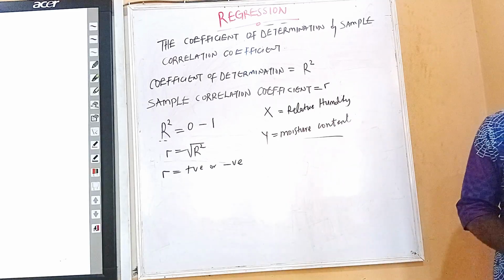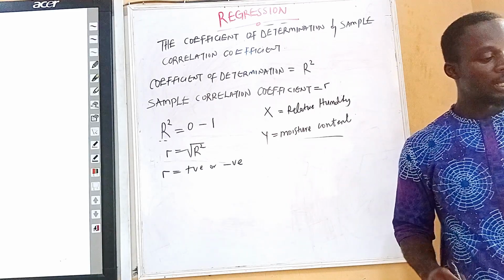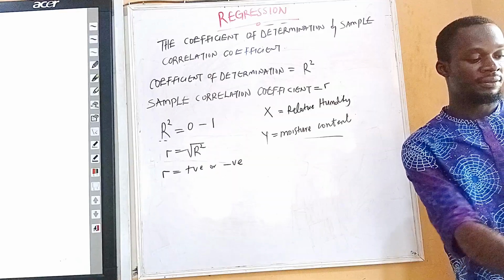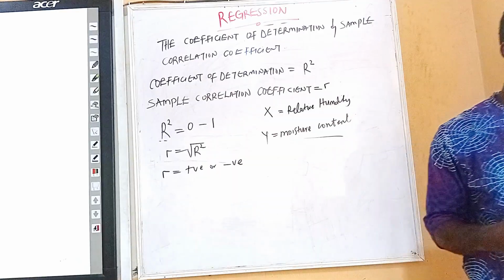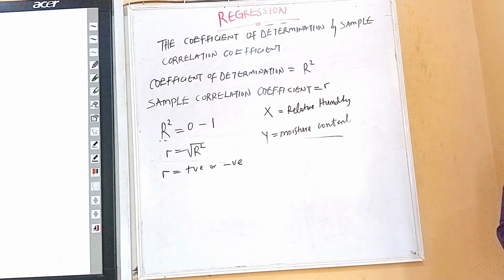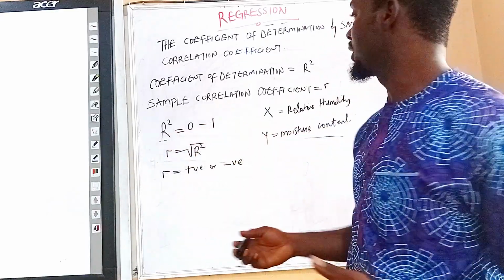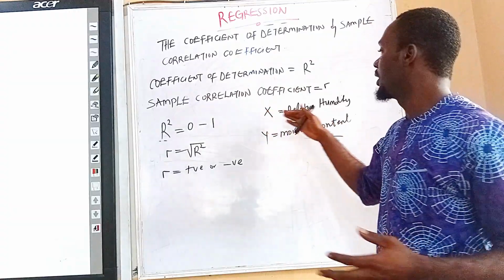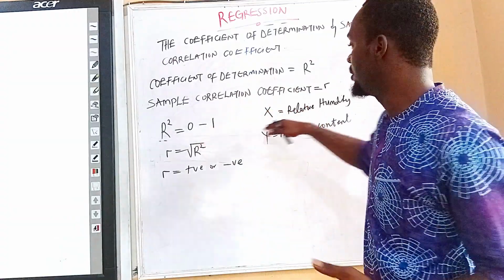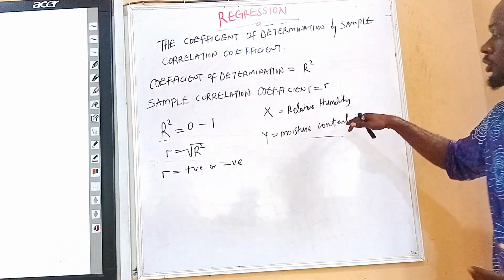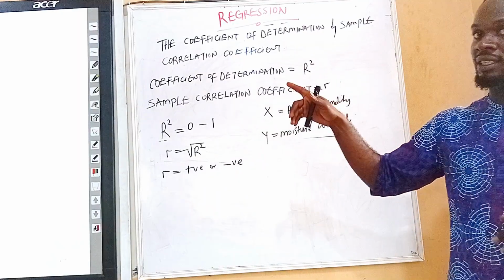Remember that in R squared, we are able to establish that if it is closer to 1, it means that the relative humidity has an effect on the moisture content, and vice versa.